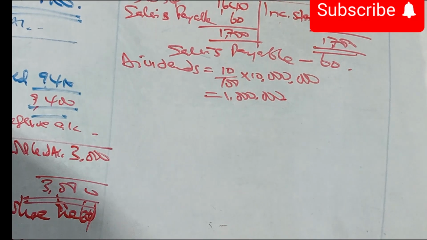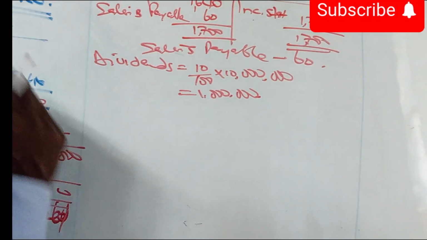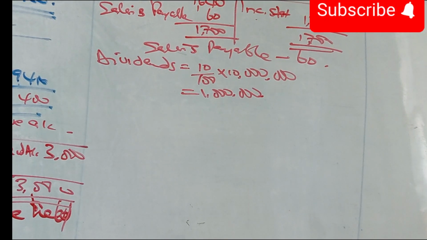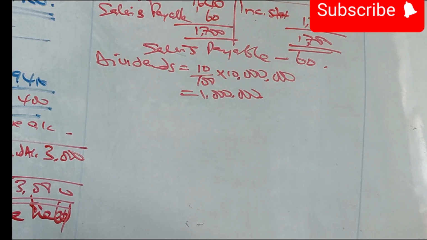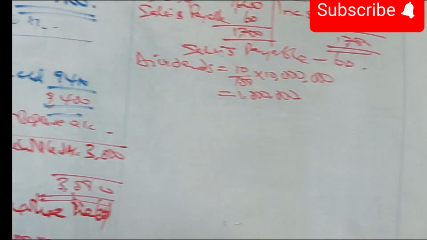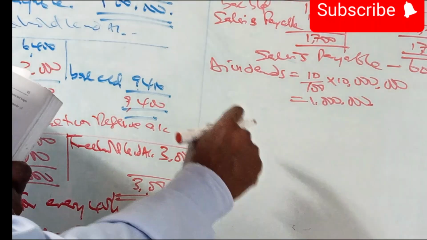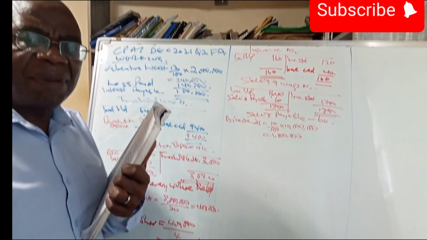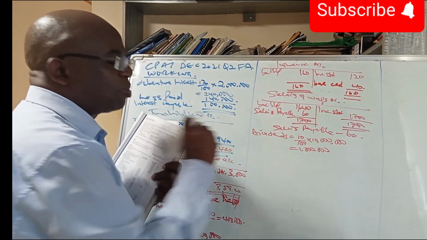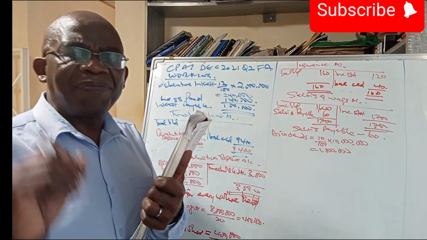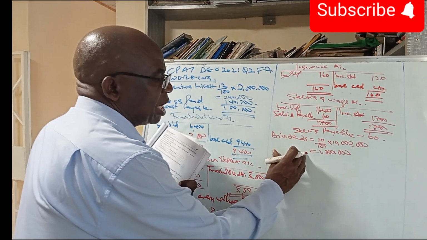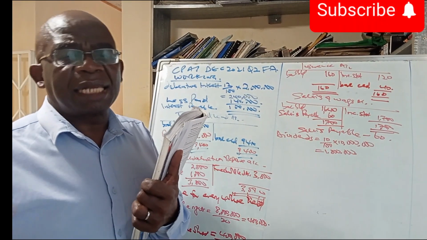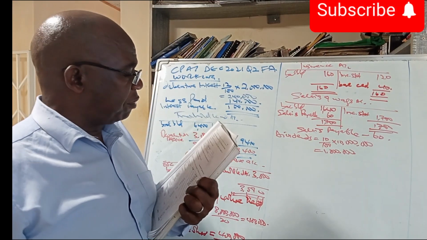By the way, every time you are told they are proposing, it means they have not paid. And therefore it is an expense in the income statement and a current liability in the balance sheet. Many students will record the expense, but they will not record it as a current liability in the balance sheet. And therefore they fail to balance.